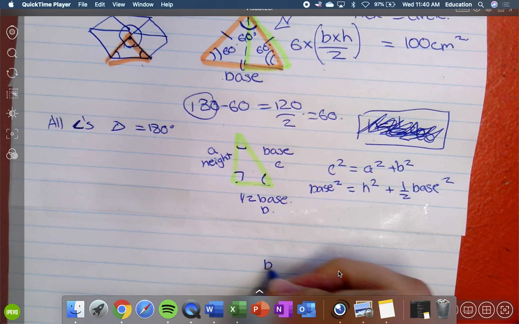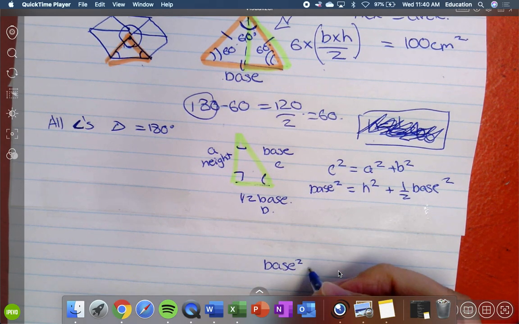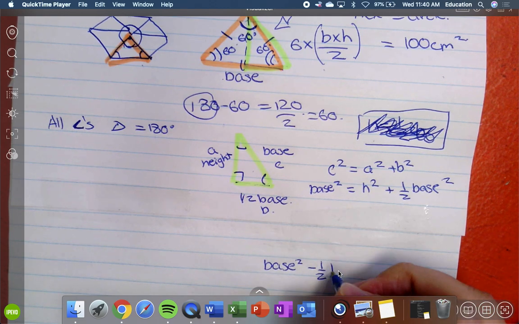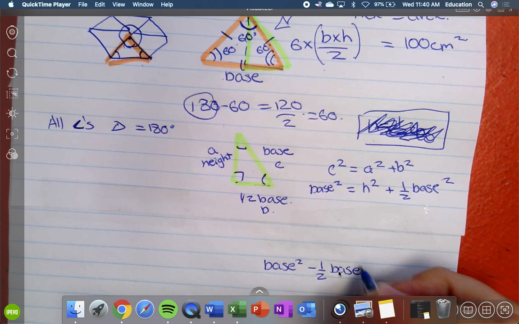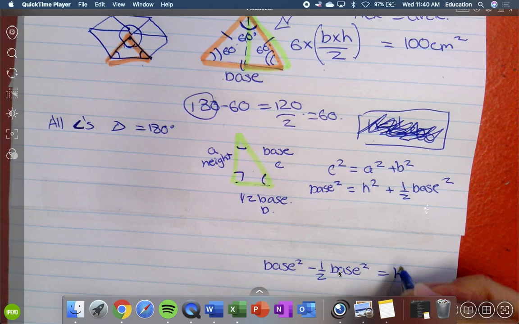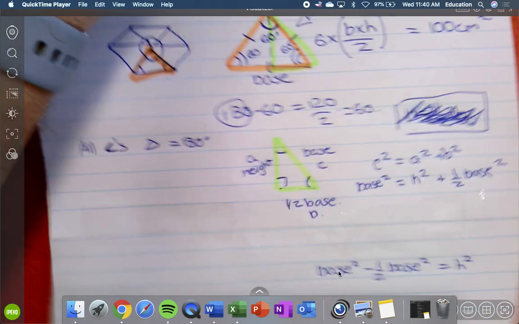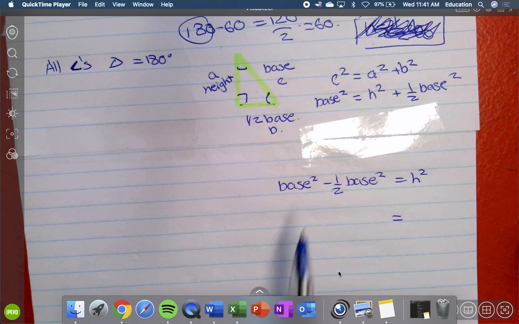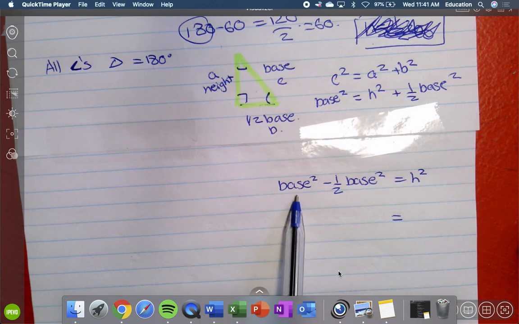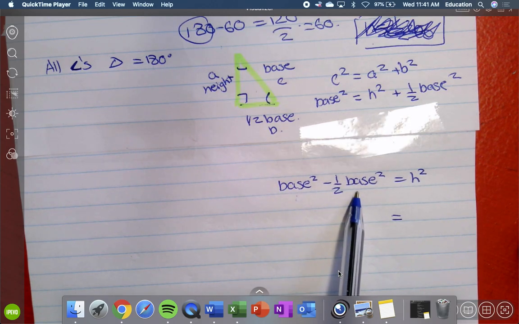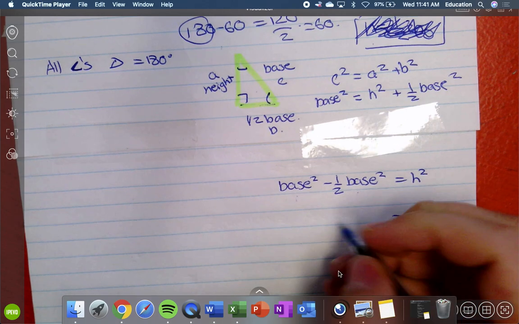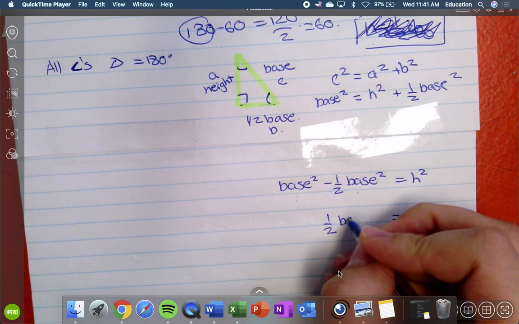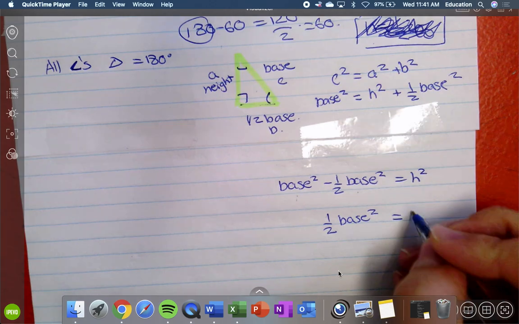So I have base squared minus half of base squared is equal to height squared. So here if I have the full base and I take away half of the base, how much do I have? Half of base squared is equal to height squared.